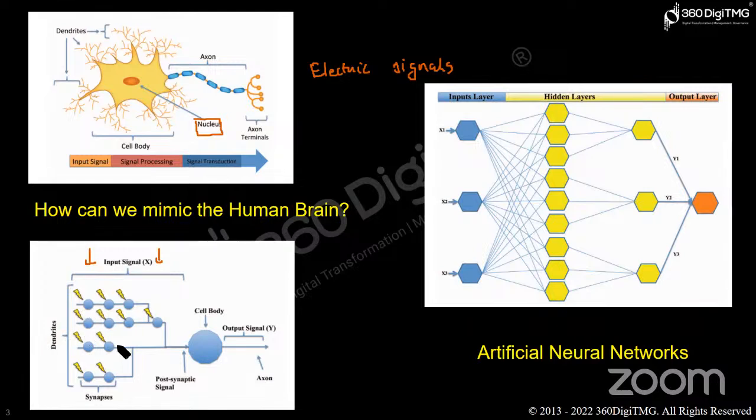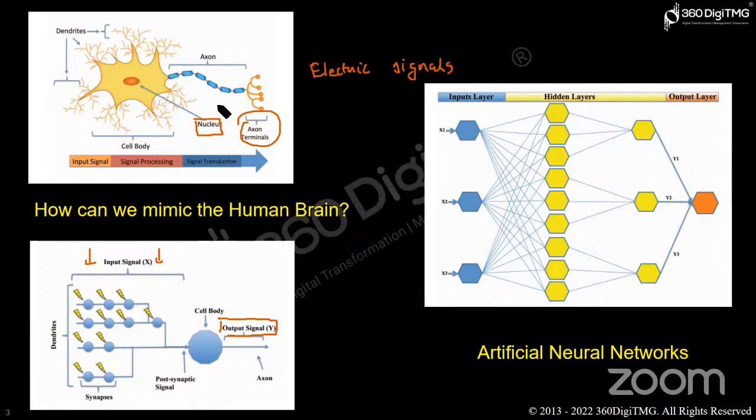All right. And then we process it. We send it to our cell. Our cell will take that processing and take care of the final output that happens at these axon terminals. All right. So this is the basic process of how a human brain works.